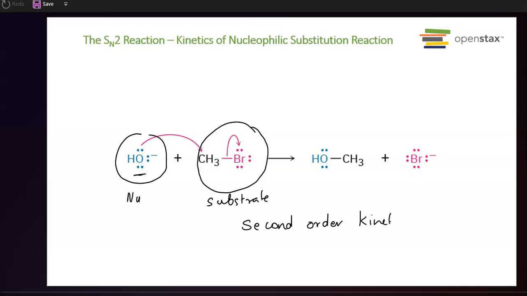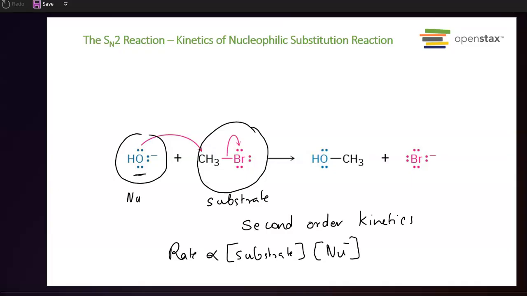That means the rate is dependent upon the substrate, or proportional to the substrate and also to the nucleophile. So it is a second order reaction where rate is proportional to the substrate and the nucleophile.